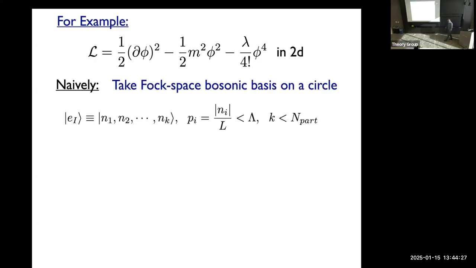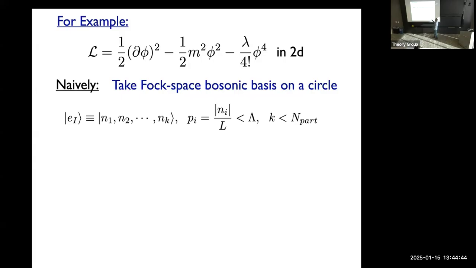If someone told you, well, use truncation to solve φ⁴, this might be your first approach. You take the Fock space basis. You have a bunch of bosons, they have some amount of momentum, you put them on a circle, and so their momentum is quantized.